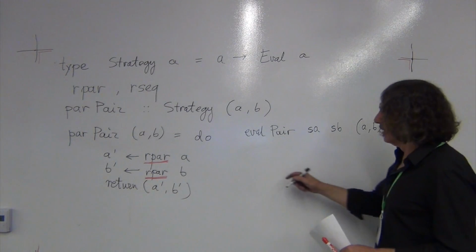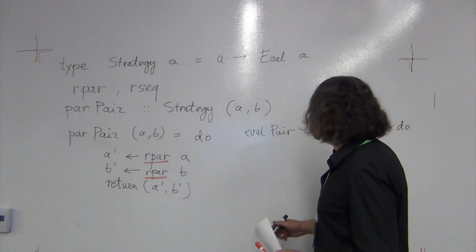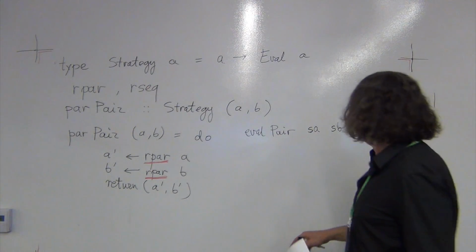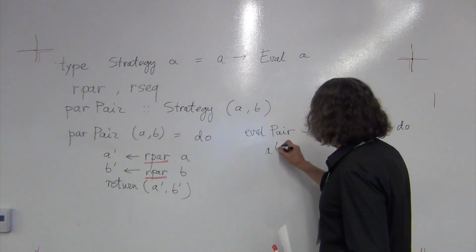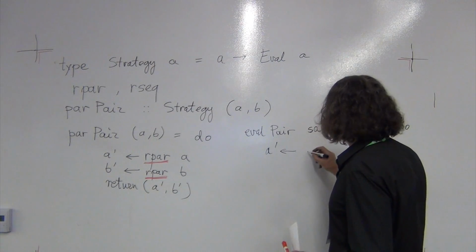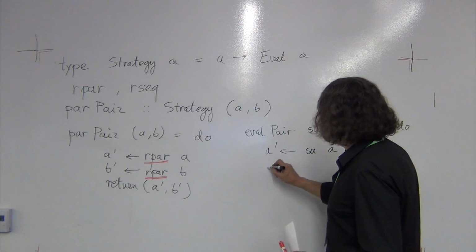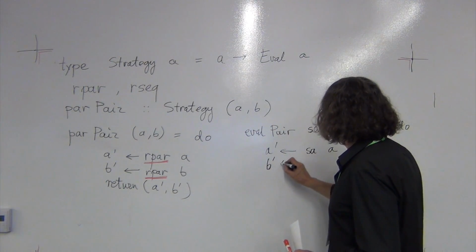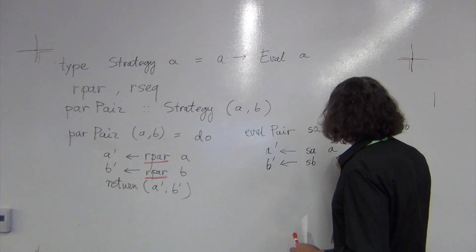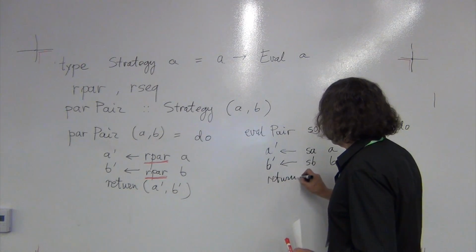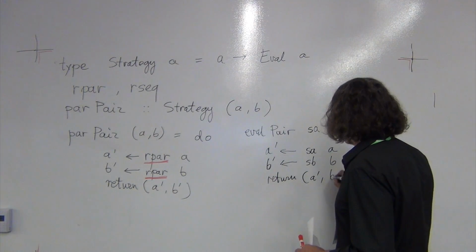And all we do is, I can just erase this and put, well, okay, let me know. A prime gets sa acting on A, B prime gets sb acting on B, and then we return A prime, B prime.